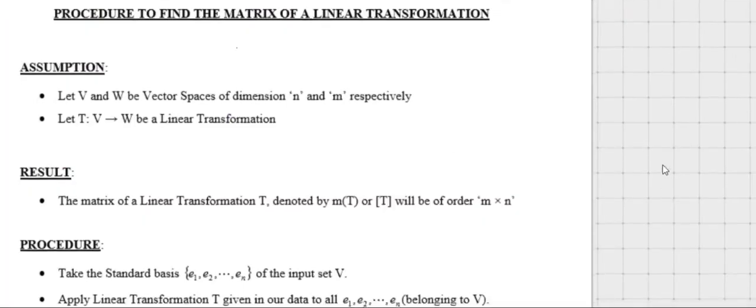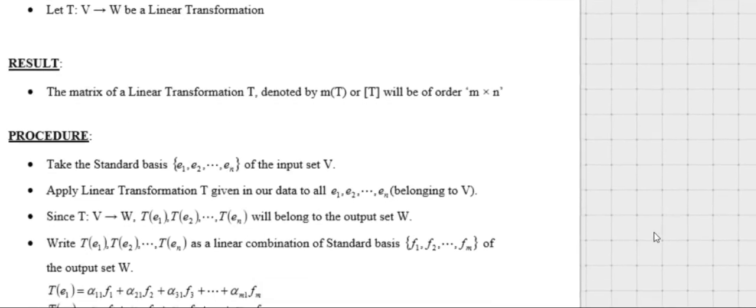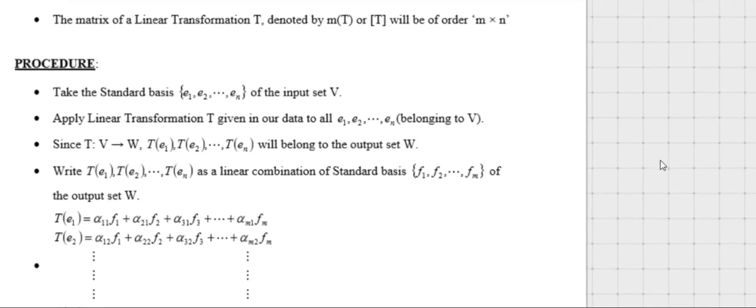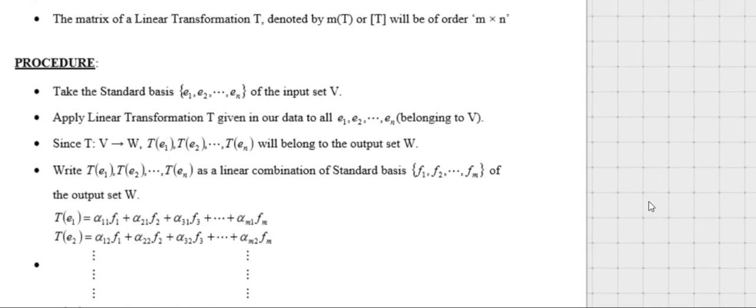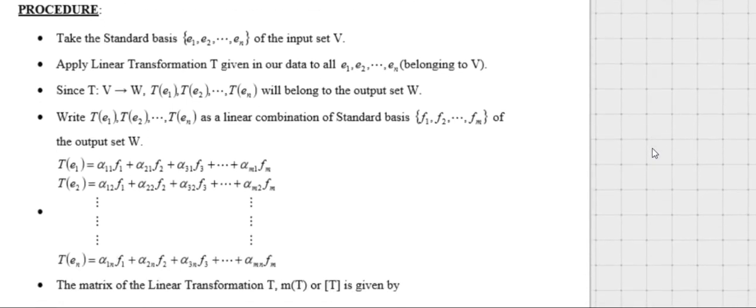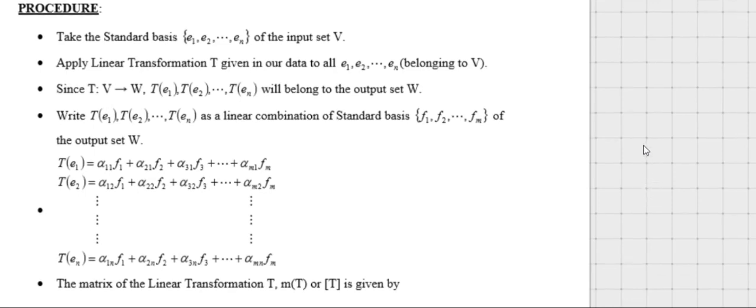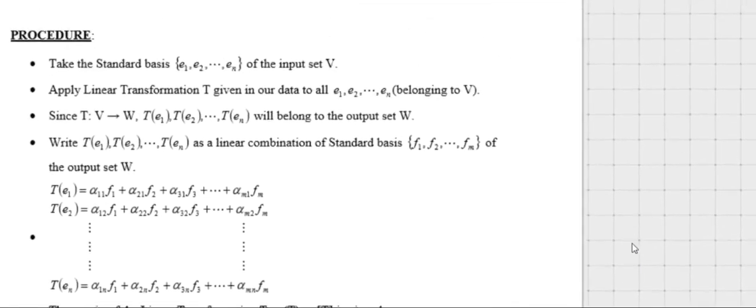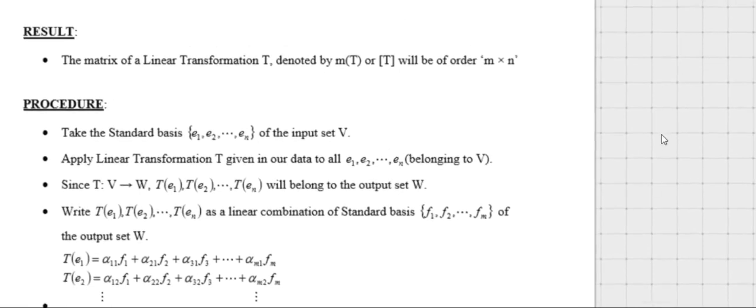This is the entire procedure. We are not going to explain this now, but we will explain the procedure with the help of a problem, so that it gives you a clear picture for a better understanding. Before going into the procedure, you must know one thing.